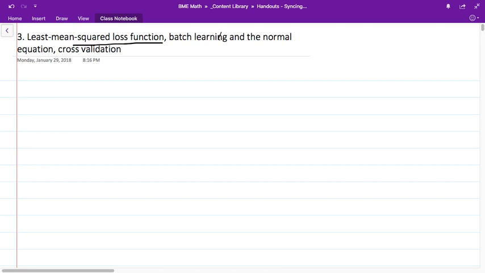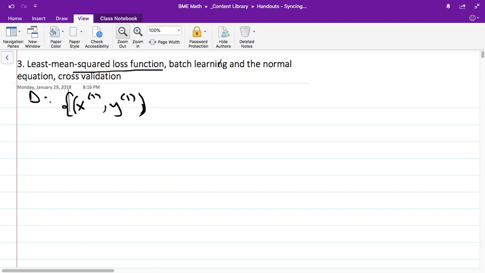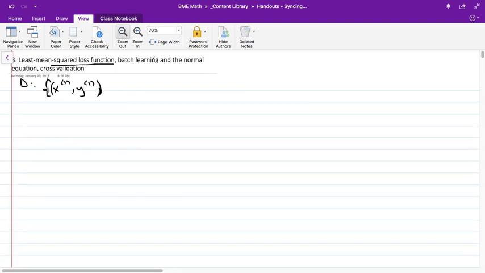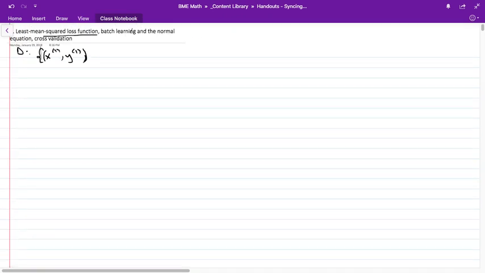Okay, so we have some data consisting of things that look like this. And we're going to start with the regression problem, where x is some feature vector.